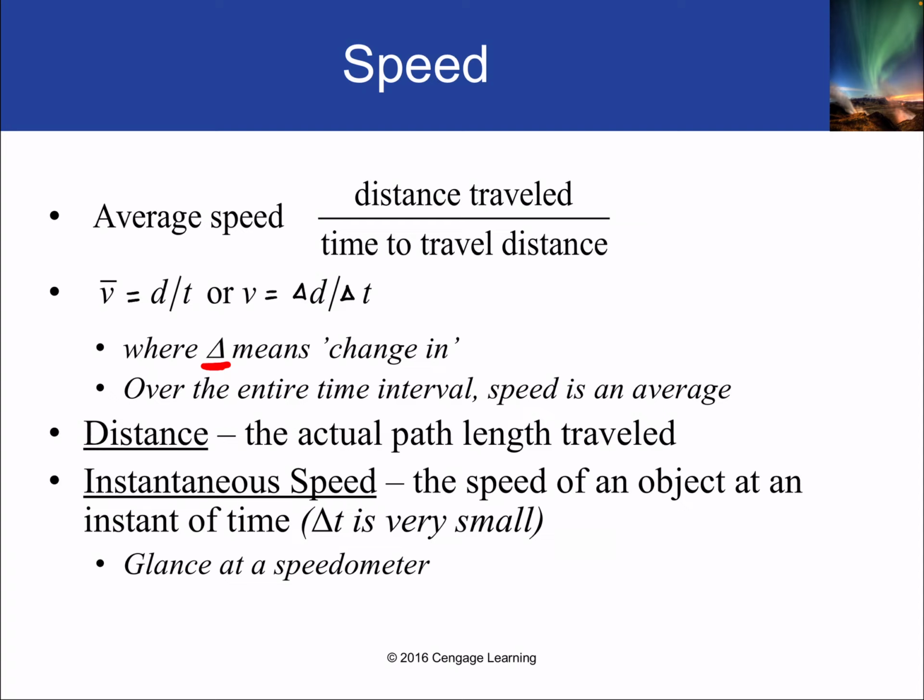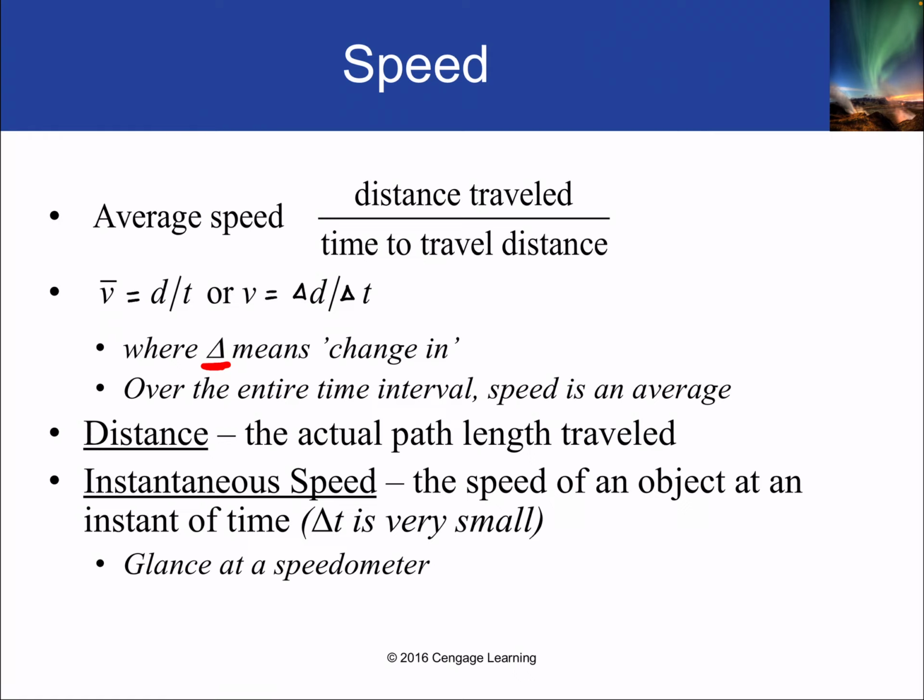Now that delta symbol is never independent of the d, okay? Meaning that simply means a change in distance over a change in time. So the distance we're talking about here is the actual path that it takes from point A to point B where it comes to a stop.